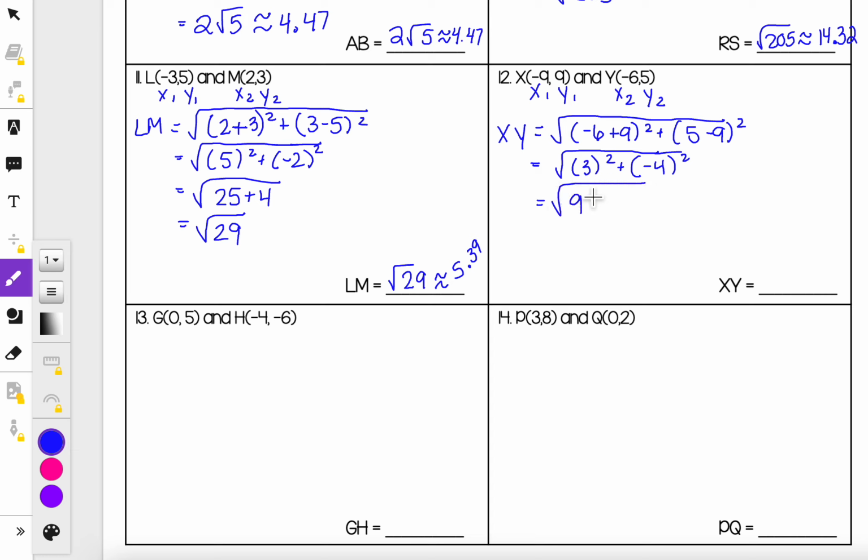These kind of get a little tedious when we do them over and over again, but the distance formula is really important in geometry. It's one of those things you want to make sure you can practice. So for number 12, we get a nice perfect square, and we just get xy equals 5.